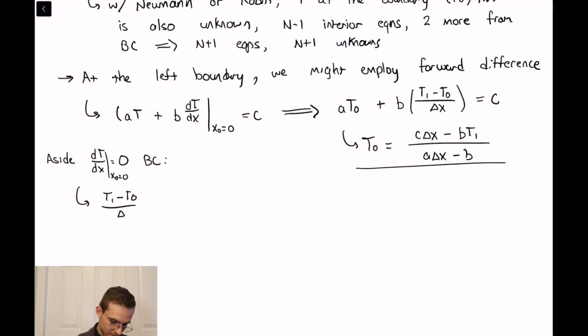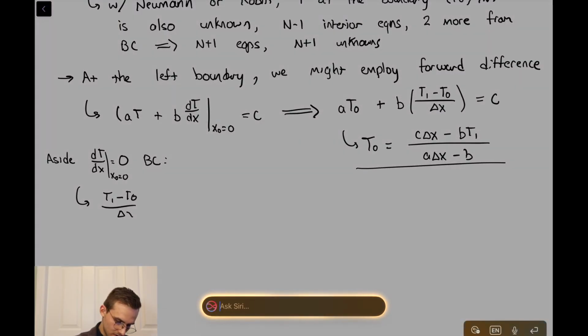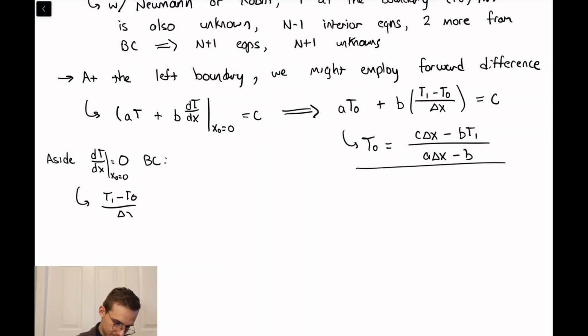Let me write down a better T naught here so that this is clearer. So (T1 minus T naught) over delta x is equal to 0. Well, that's just going to hold T naught to be equal to T1. Okay? So in practice, it doesn't have to be as generally complicated as the Robin boundary condition.